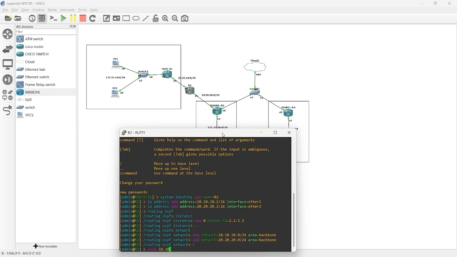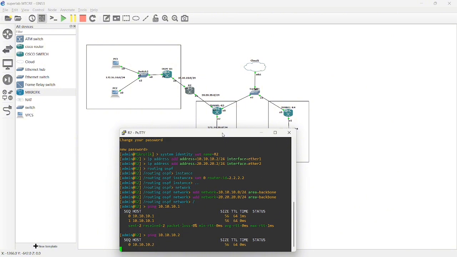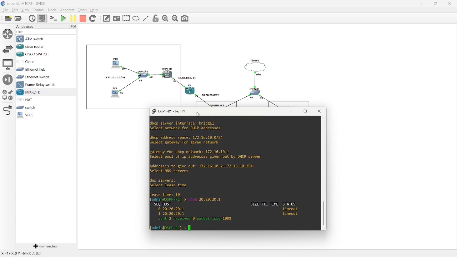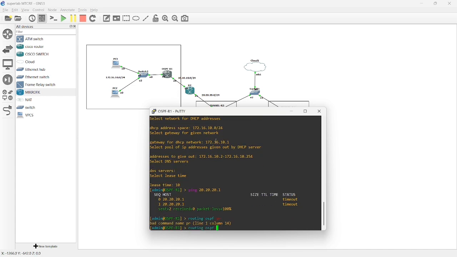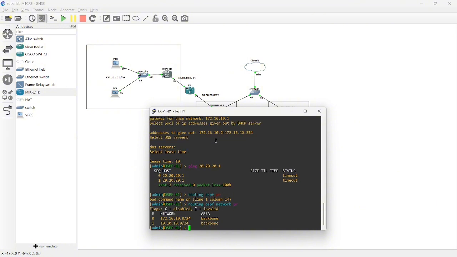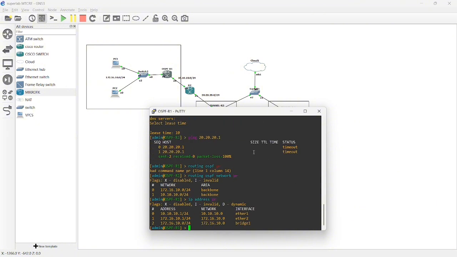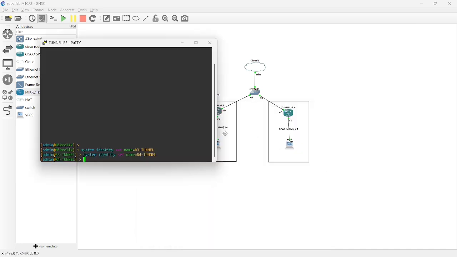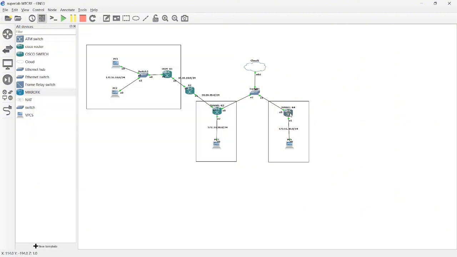Actually, here the ether 1 toward the tunnel does not use OSPF, but in the next minute of this video, I change it to static routing.